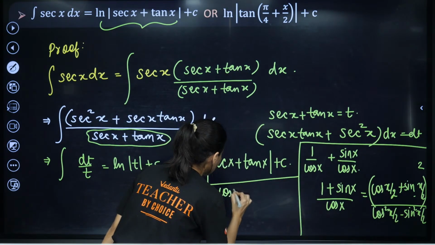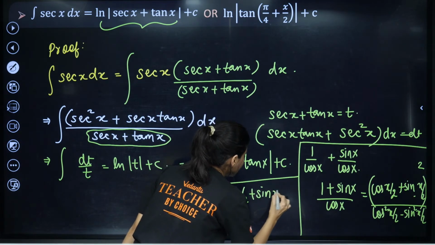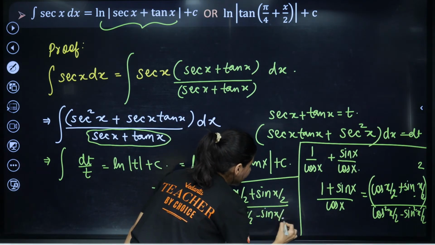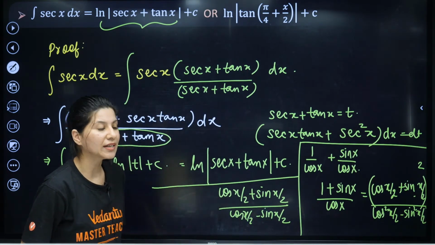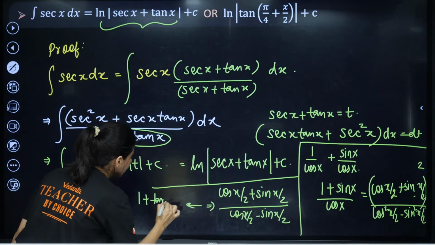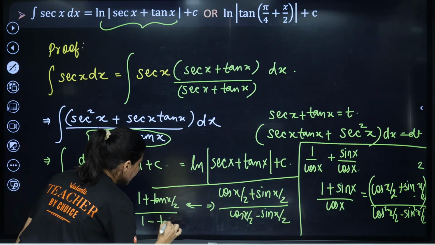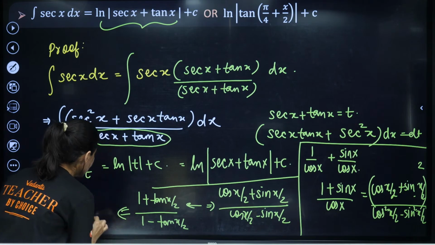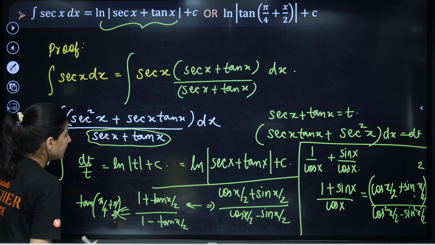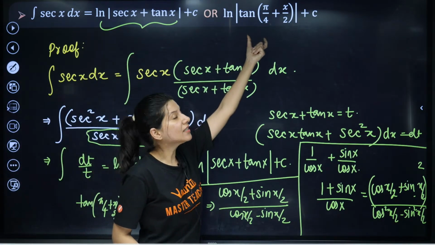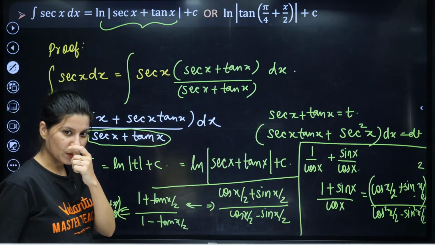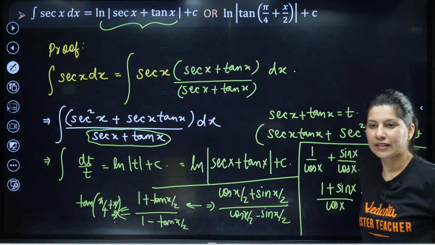One factor gets cancelled out. If I divide by cos x by 2 in both numerator and denominator, what will you get? 1 plus tan x by 2 upon 1 minus tan x by 2, and this is tan of pi by 4 plus x by 2. So sec x plus tan x can be written as tan of pi by 4 plus x by 2. Clear?